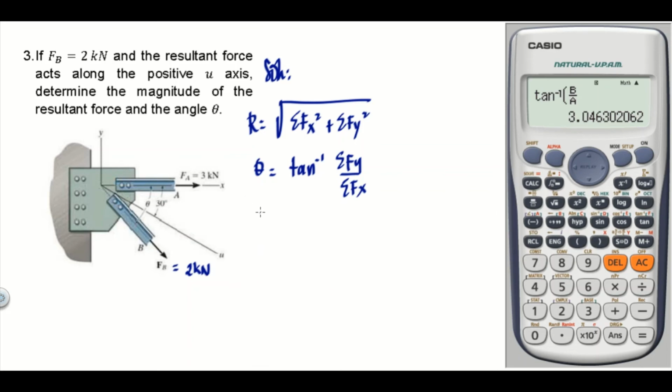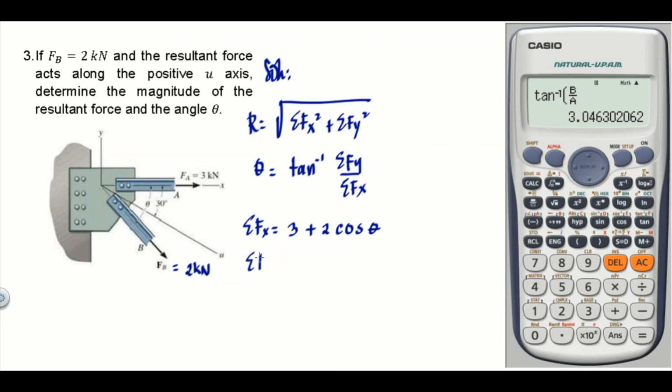Madali lang yan, no? So, summation of forces along X is equal to, so yung 3 kilonewton nasa X na, so 3, okay? Then, yung X component nitong FB, so plus 2, yung angle niya is theta, no? So, 2 cosine theta. Okay, sige.